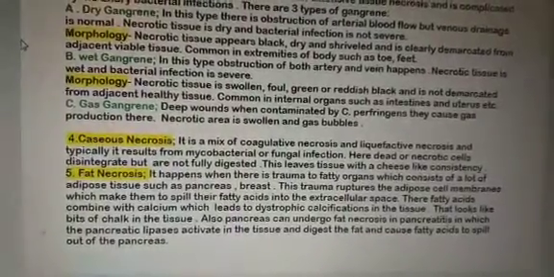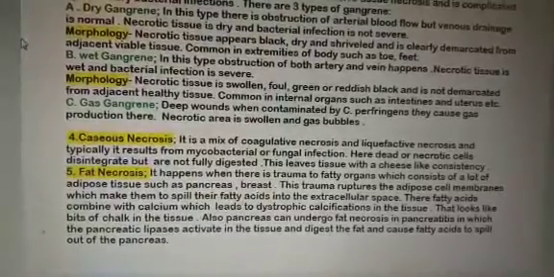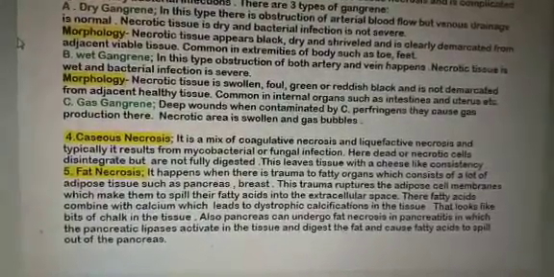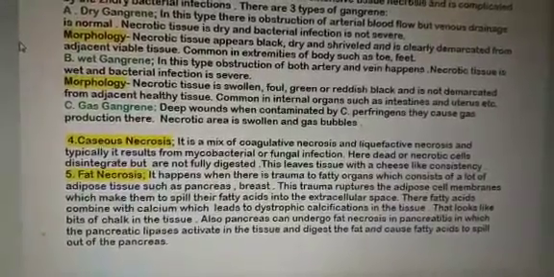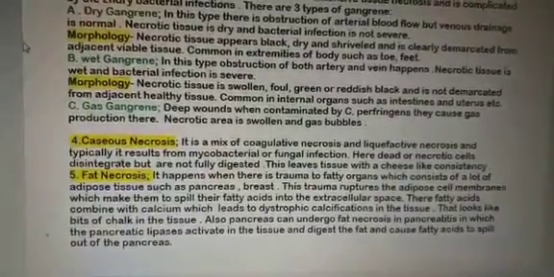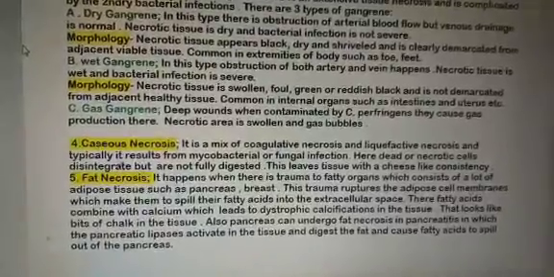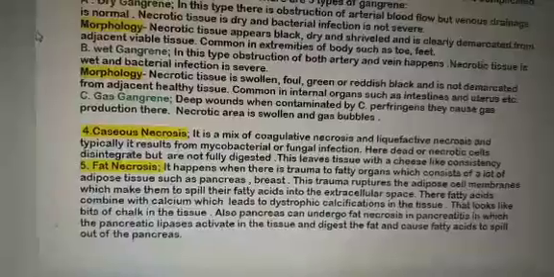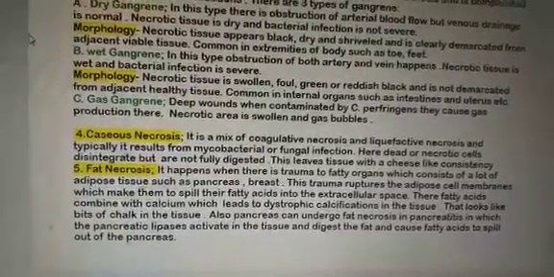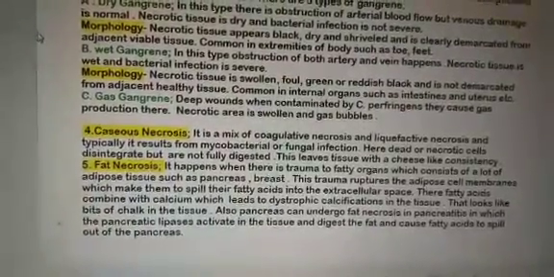Caseous necrosis is where the disintegrated tissue becomes cheese-like. It gives a cheese-like appearance, and that's why it's named caseous necrosis.